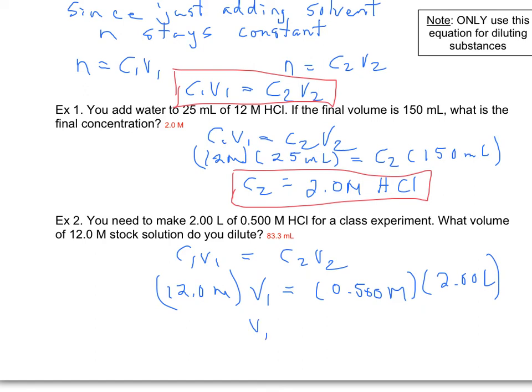Do the math and rearrange for V1. Now this volume comes out in liters. Because I subbed in liters for V2, V1 will also be in liters. I need to have 3 sig digs in my answer. Now if that number doesn't make sense, you could always multiply it by 1,000 and convert it into mL.